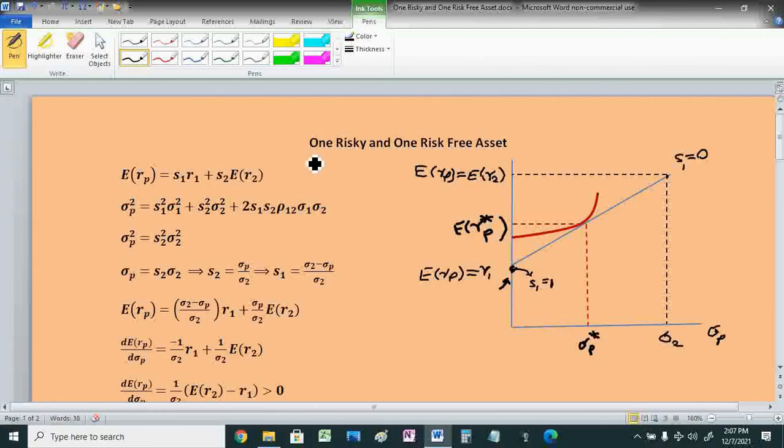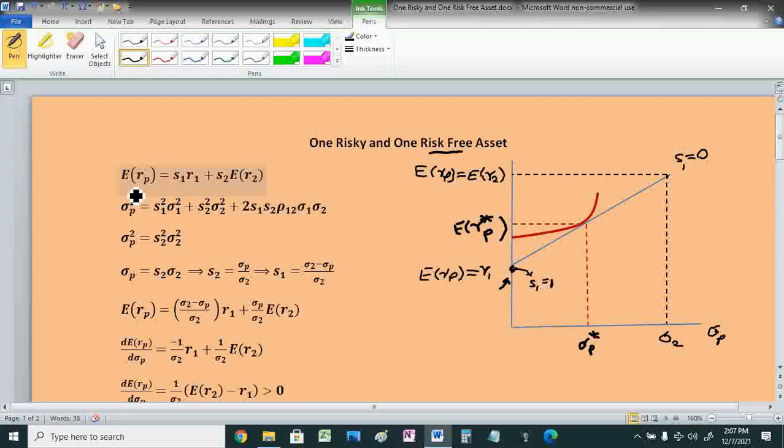Finally, let's consider the case where one of the two securities is risk free, and see how our equation of expected returns on portfolio changes. We are assuming here that security 1 or asset 1 is risk free, and that asset 2 has more than one possible return associated with it.